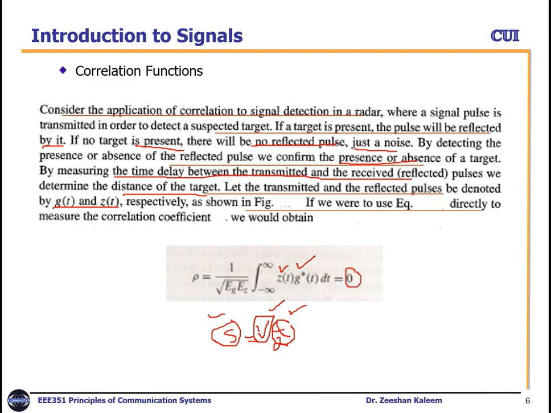If there is a correlation, you will get 1 or some other value. But there is one problem here, because when you transmit the pulse and receive it back again, there will be some delay. So how can you notice, after a delay, when you will get the reflected pulse? To overcome this issue, we will discuss on the next slide.